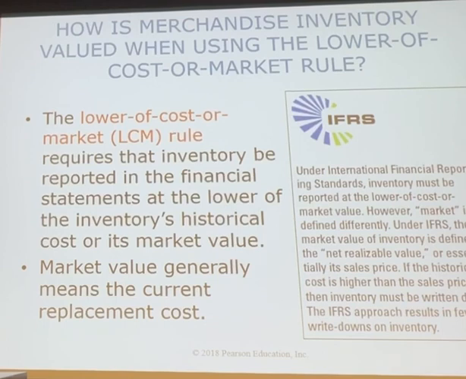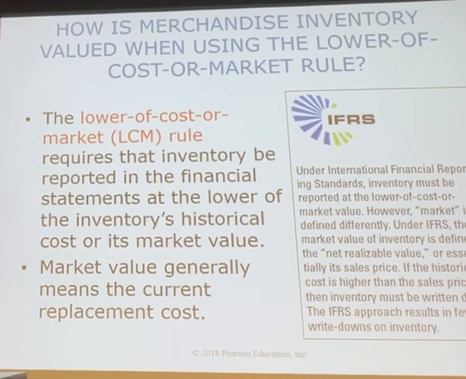So the lower of cost or market rule requires that inventory be reported on the balance sheet at the lower of the inventory's historical cost, or really its current replacement cost.